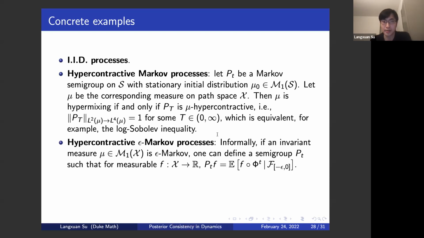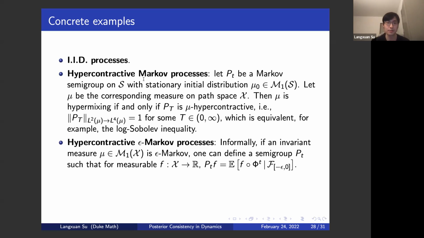One can also relax the dependency structure a little bit. Markov processes refer to processes with a simple dependency structure, where the current time step depends only on the previous one.